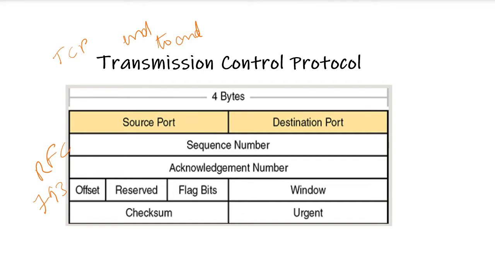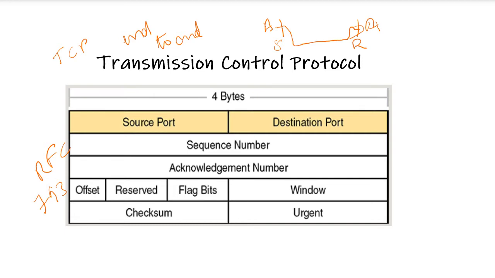That means, let us say this is the sender computer and this is the receiving computer. The goal of TCP is to make the applications present in the sender computer and the applications present in the receiving computer communicate end to end.